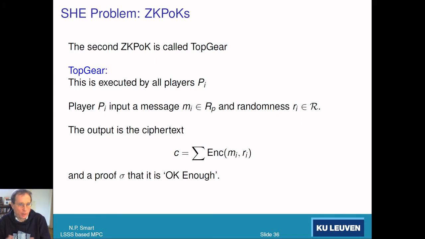Each player doesn't know the other players' messages or randomness, but they output the sum of those encryptions and a proof that that sum is itself okay. The proof is done on a sum, so instead of n individual proofs, we do one multi-party proof. That saves a factor of n in the execution, a lot of rounds of communication, and a lot of data communicated. So TopGear is what we do when we want to prove something about a sum.